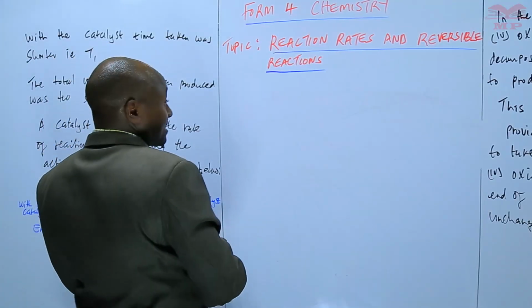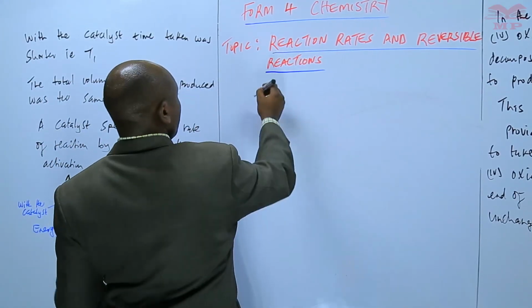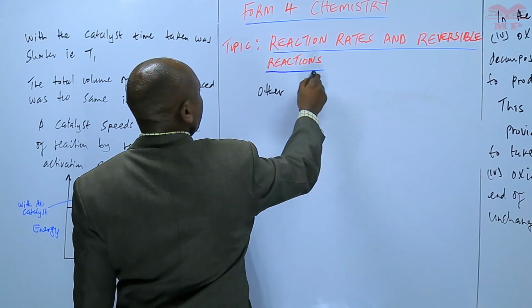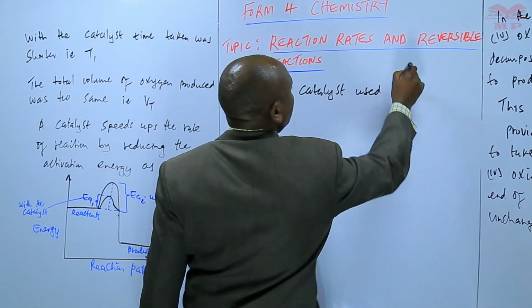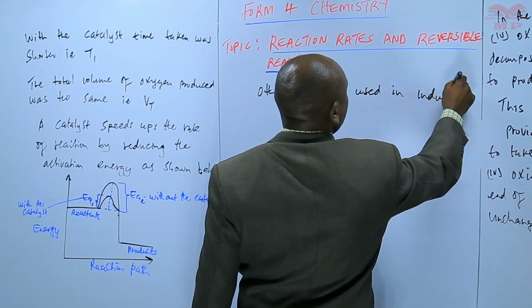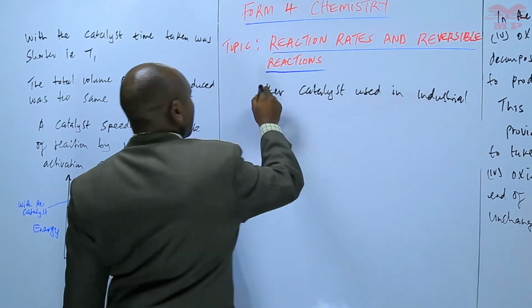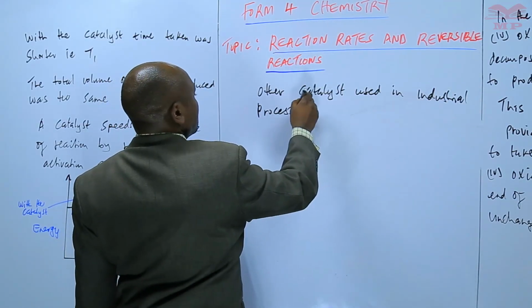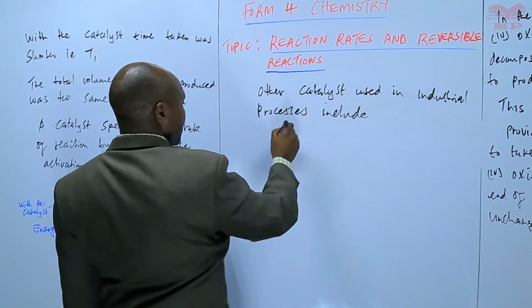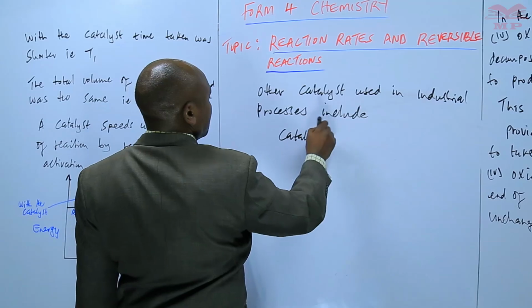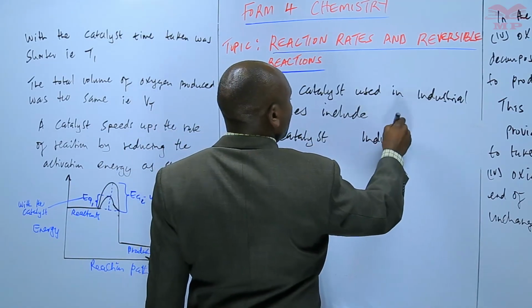So other catalysts used in industrial processes include, so we have the catalyst, then we have the industrial process.